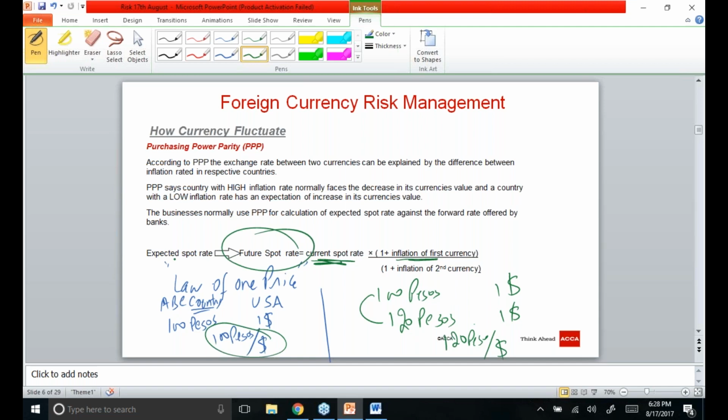So the spot rate is available, the two countries' inflation rates are available, and you can calculate the future spot rate. That is purchasing power parity theory.